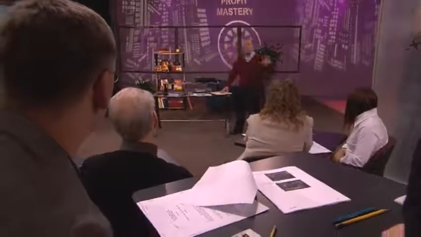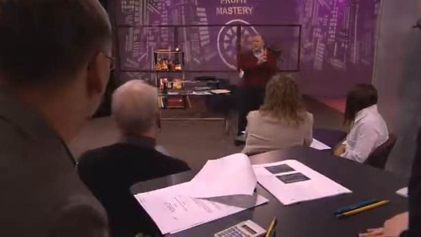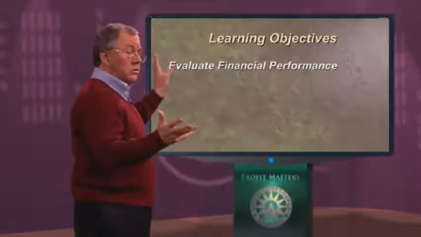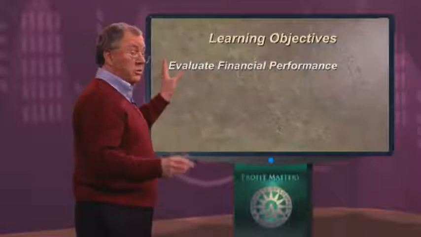Now, you've reviewed the goals of this chapter, this section, and what we're trying to do here is focus on 3 or 4 key things. What are the things we're going to try to focus on? Our key learning objectives, what are they? Evaluate the financial performance of the business.